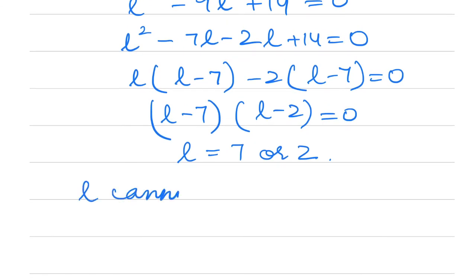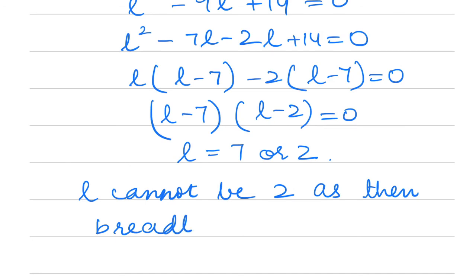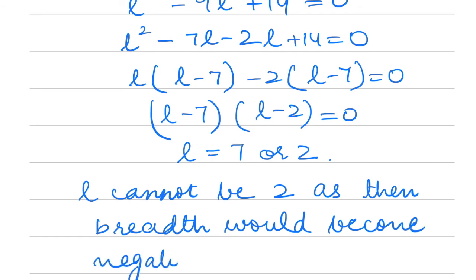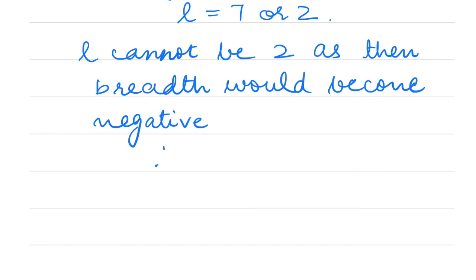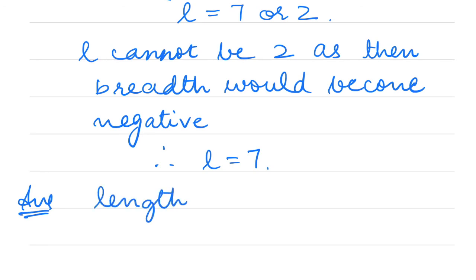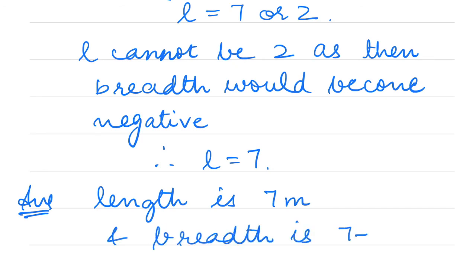L cannot be 2, as then breadth would become negative. Therefore L is equal to 7. Answer: length is 7 meters and breadth is 7 minus 3, so 4 meters.